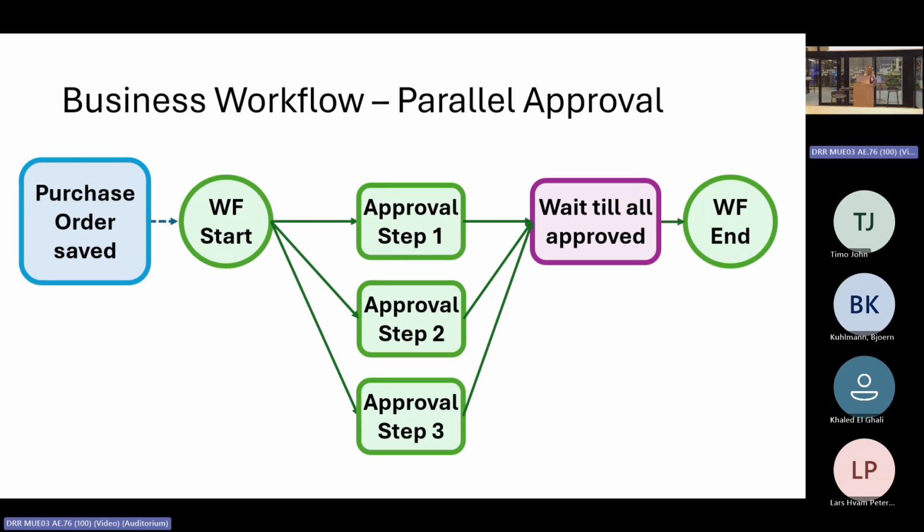I saw a lot of difficult workflow schemas in my life. So this is one example when we have parallel approval, where the customer wants really three approval steps in parallel. And in this case, we cannot use flexible workflow.